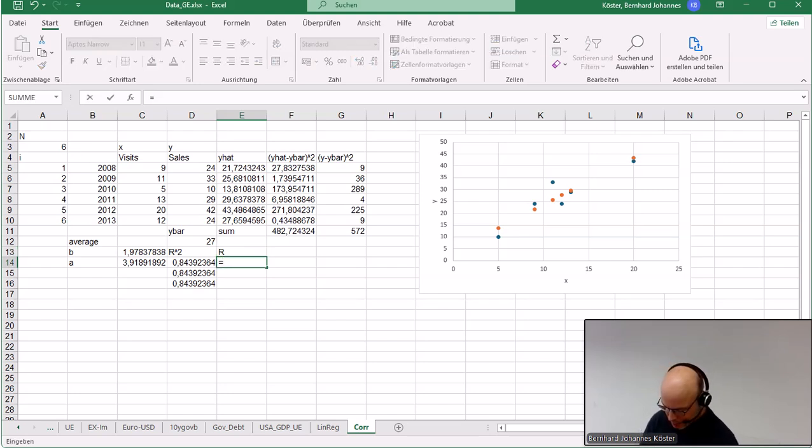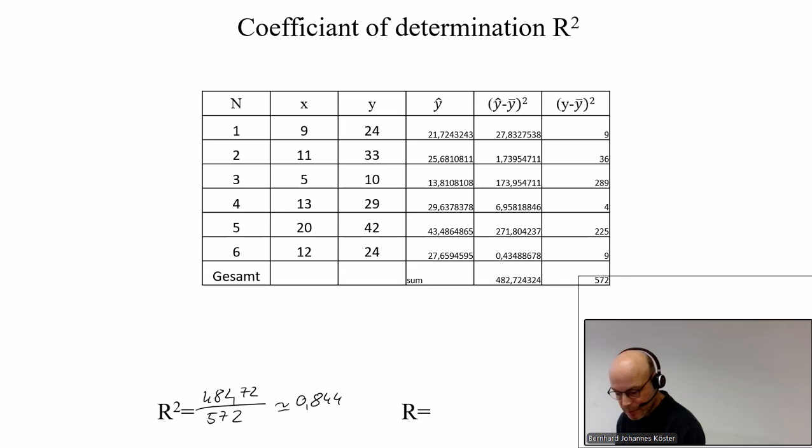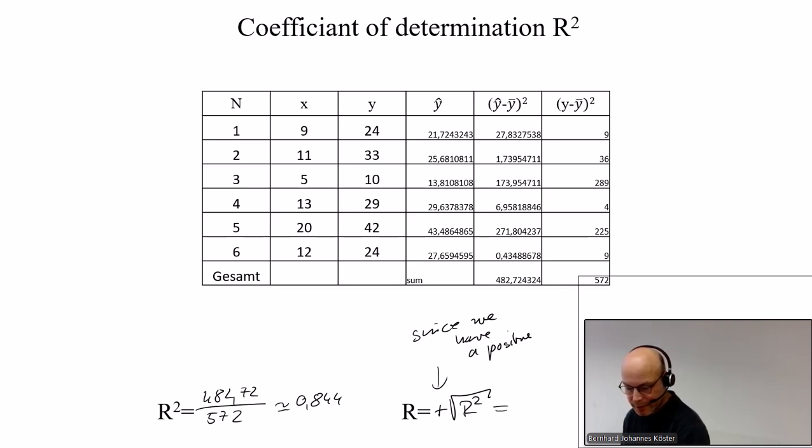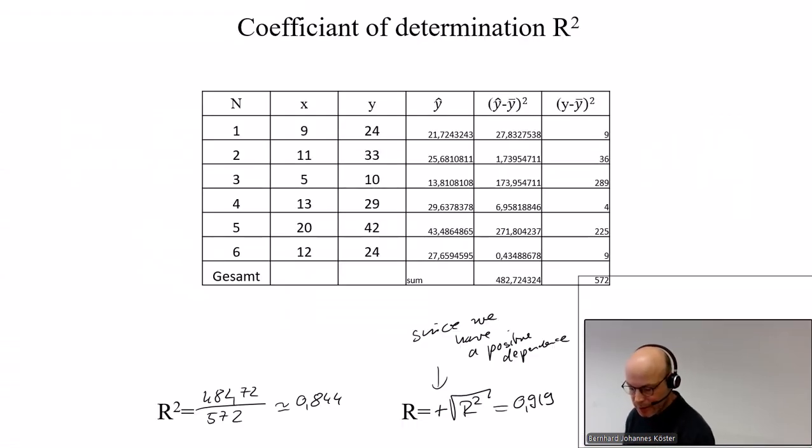So r is then just the root of our coefficient of determination, 0.9899. So plus square root of r squared, since we have a positive dependence, and this is 0.99.